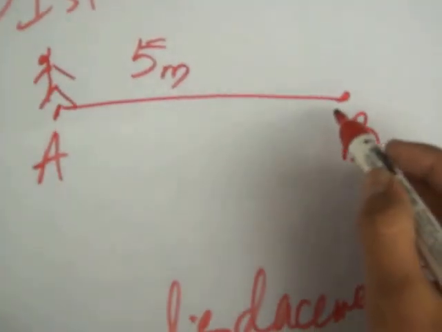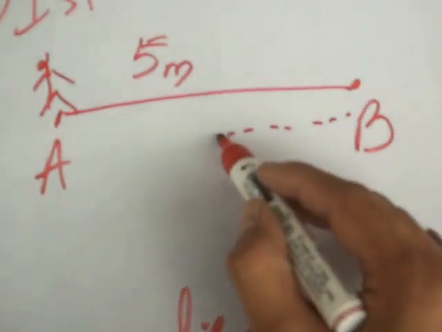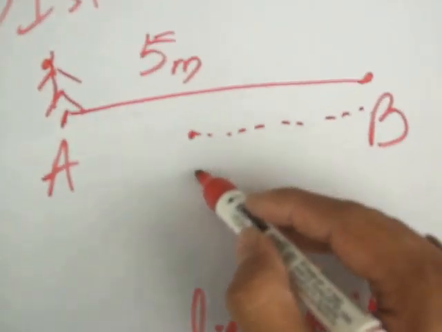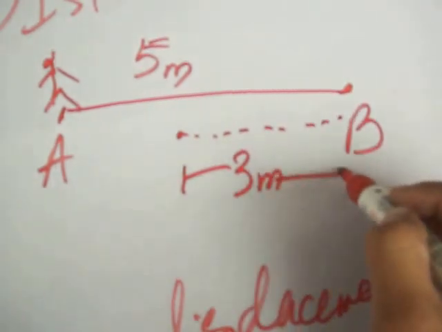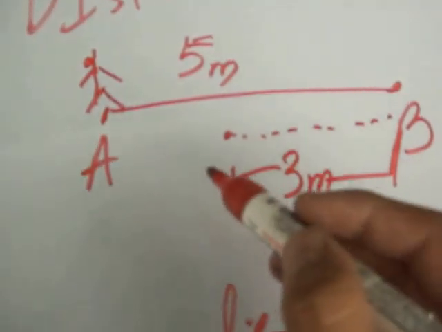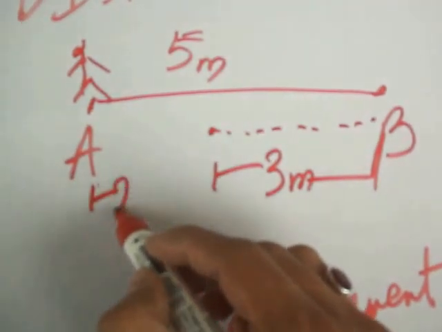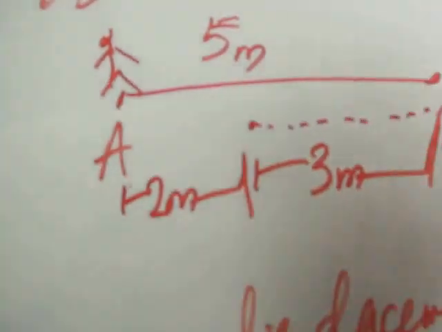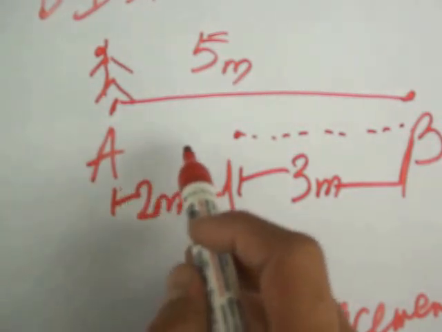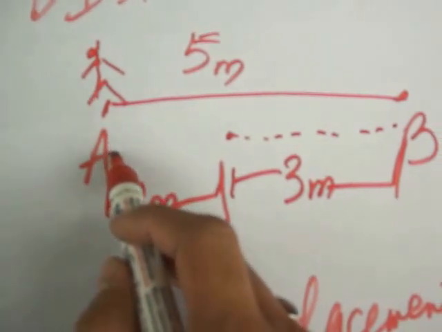Now the person comes back 3 meters, and now the distance from A is 2 meters. So now we say that the person is displaced from A by 2 meters.